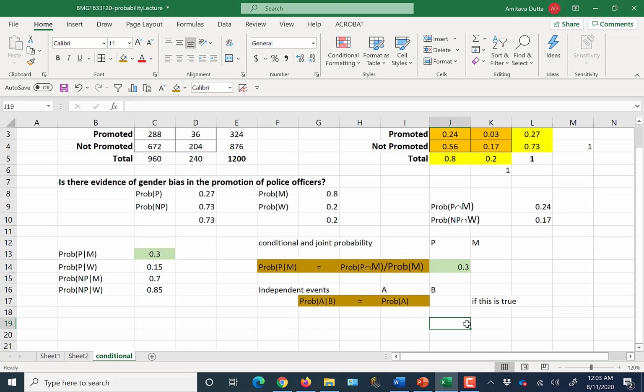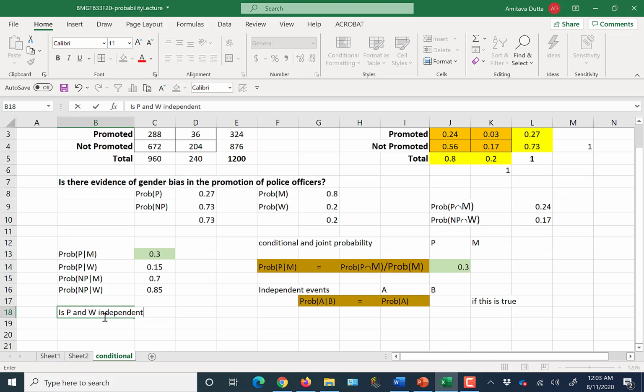Okay, so let's do our calculation over here. We'll say this is an original question. Remember, is there evidence of gender bias? So this is how we would ask the question in plain English. If we translate that to probability, what we are saying is: are P and W independent?